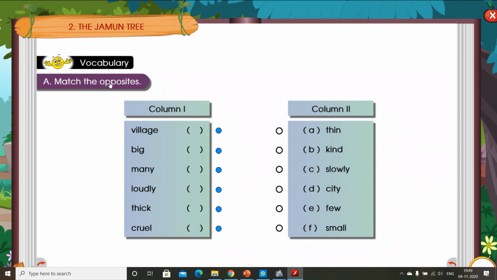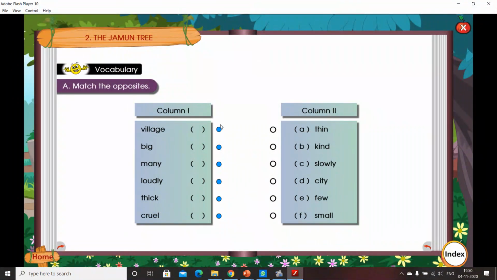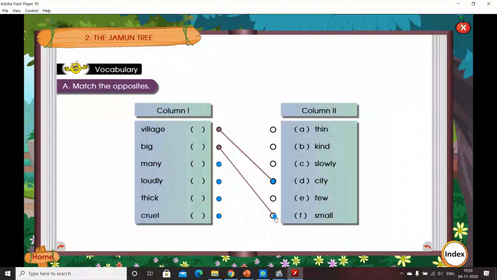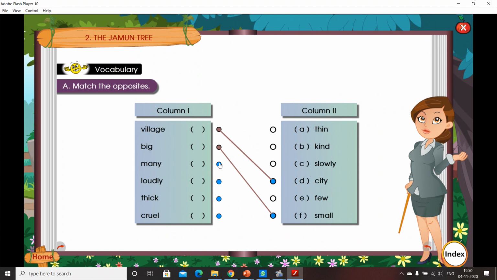Now you have to match the opposites. Village. Opposite of village is city. Big, small.